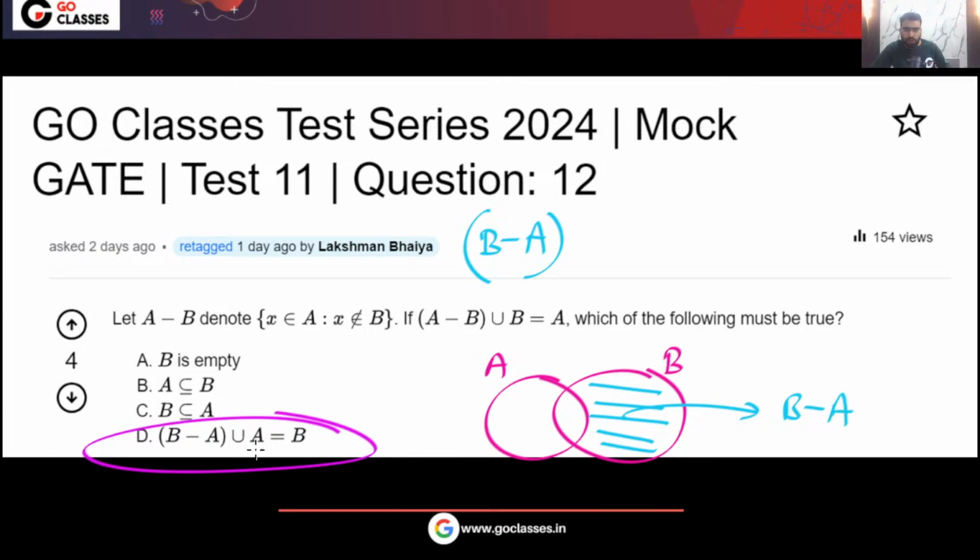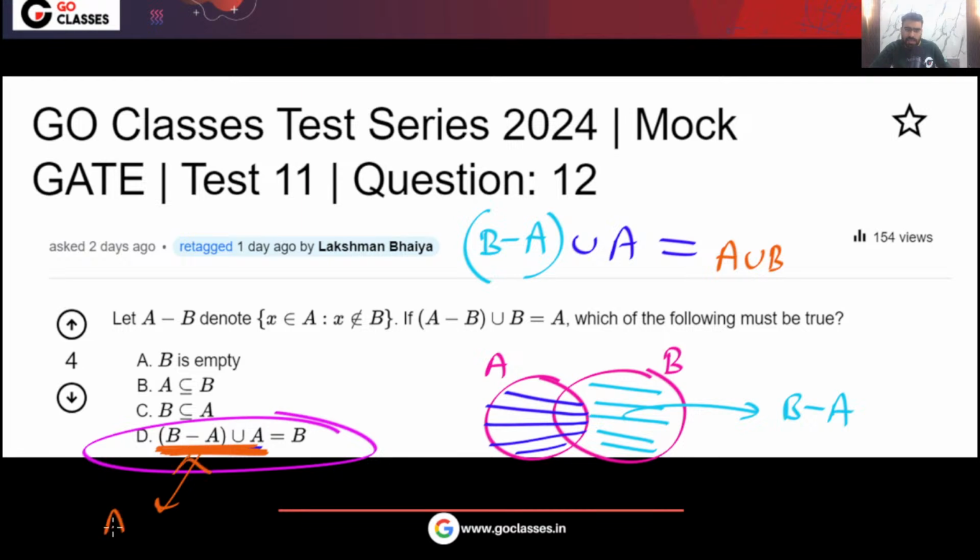Now you tell me, what is union A? This area is A. So union A. Now tell me, what will be the result? The result is A union B. Yes or no? Agree with me?